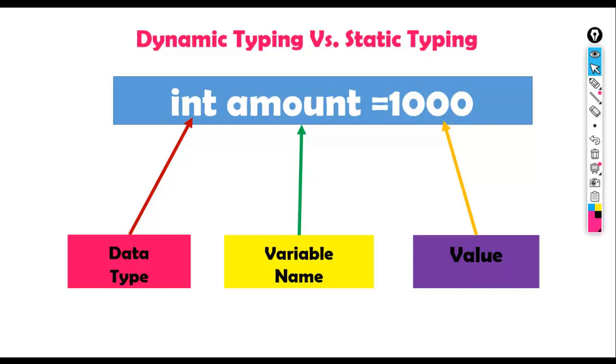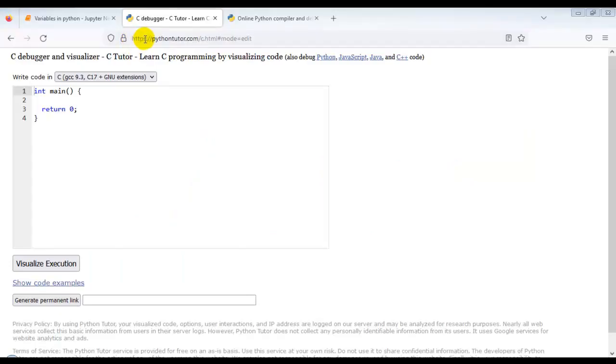Let me show you this in Python Tutor. So let's jump to Python Tutor. As you can see, currently I am using pythontutor.com and I am using the C tutor. Using Python Tutor, we can visualize the code. Now let me initialize amount to 1000 and print this amount using printf. I am going to click visualize execution.